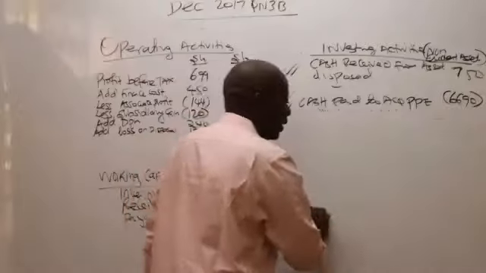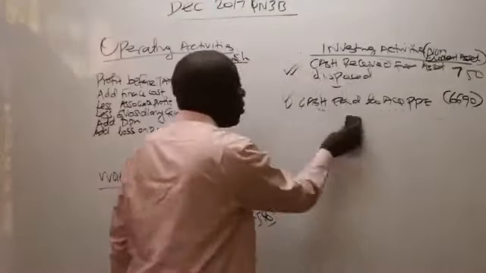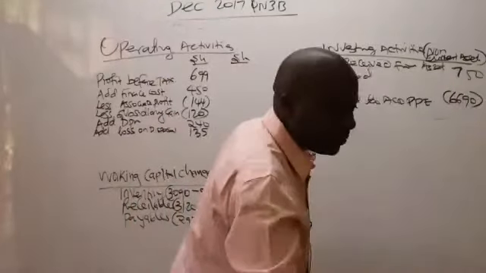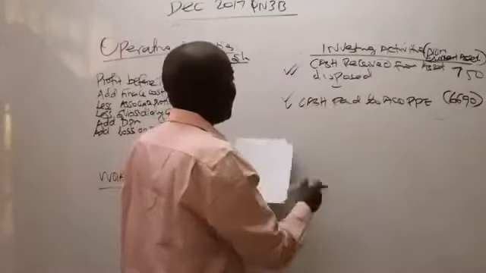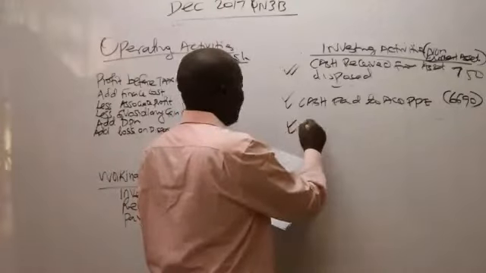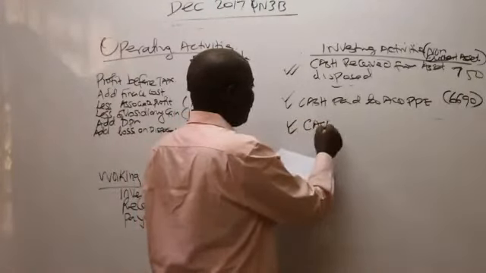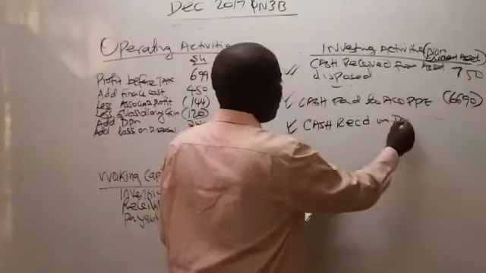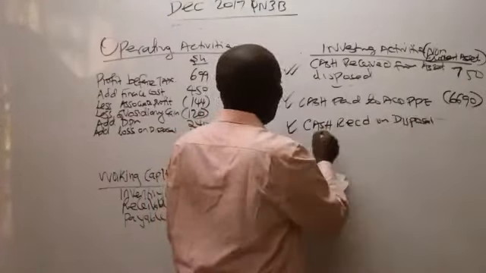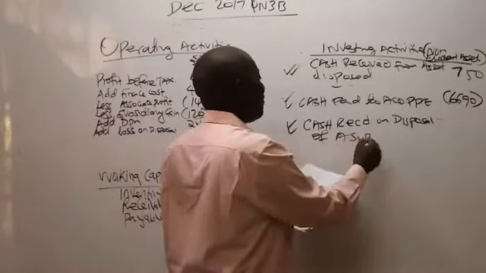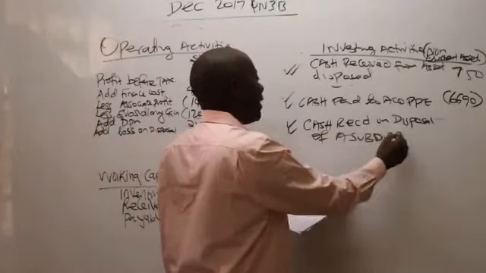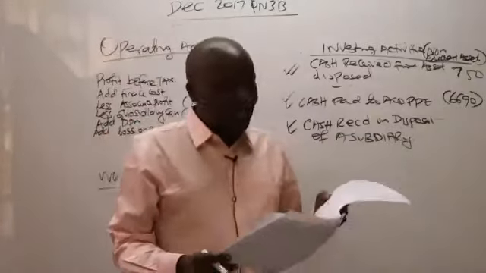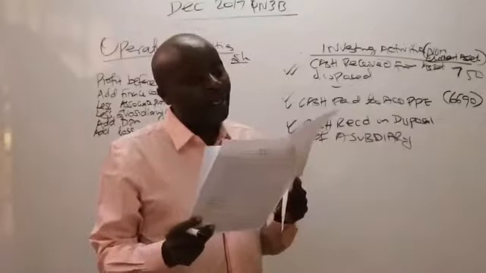Goodwill has a relationship with a subsidiary. So I'll come straight here and account for the cash received on disposal of a subsidiary. This is free marks. How much cash did we get when we sold this subsidiary?